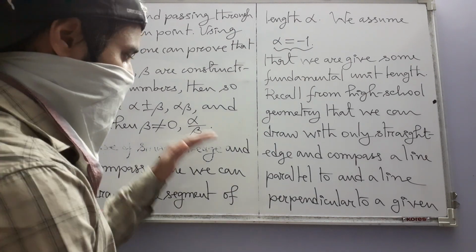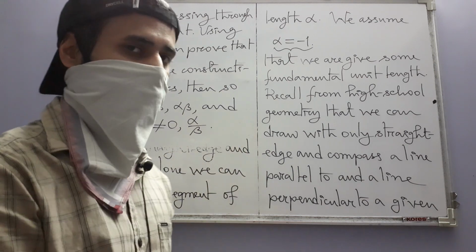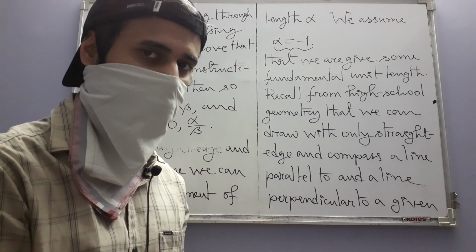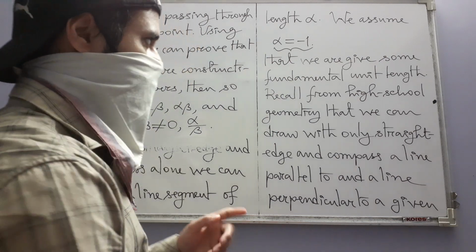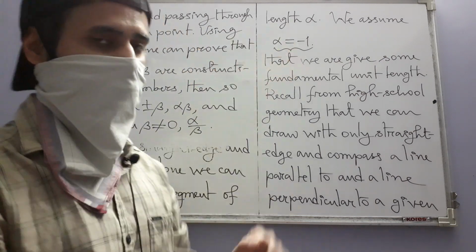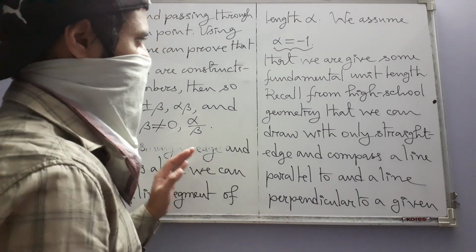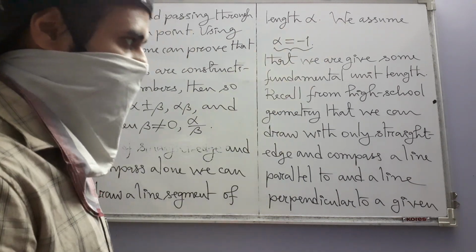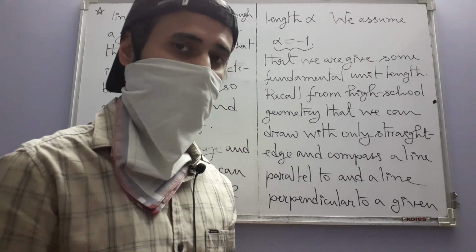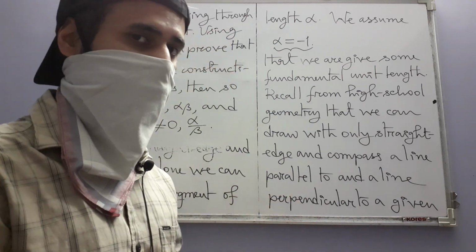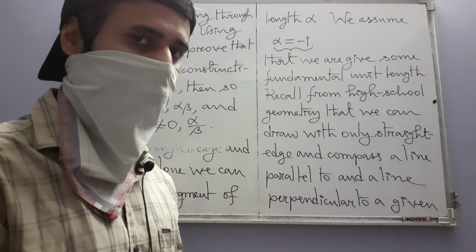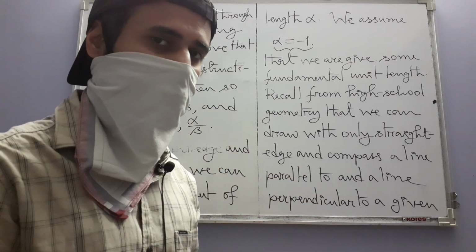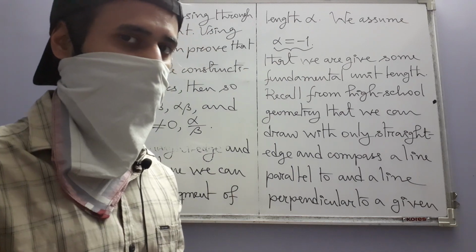Okay, so that is the definition of constructible number Herstein is using, which I am saying is a little wrong, especially when the alpha is negative. Then the definition just simply doesn't make sense, which may make you conclude that the definition is not applicable to negative real numbers, making negative real numbers not constructible.